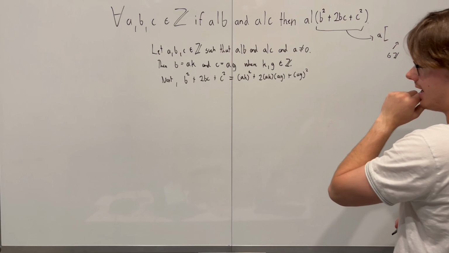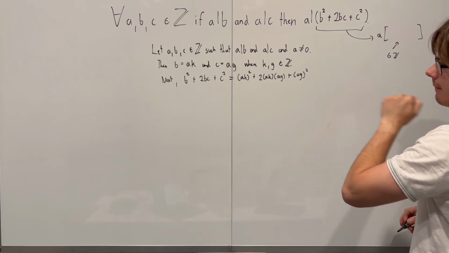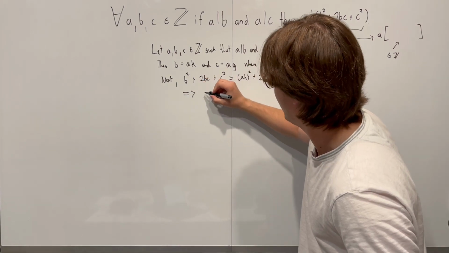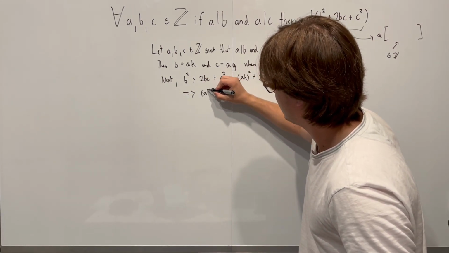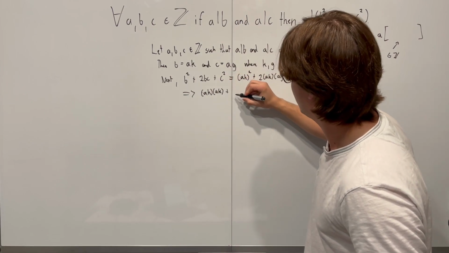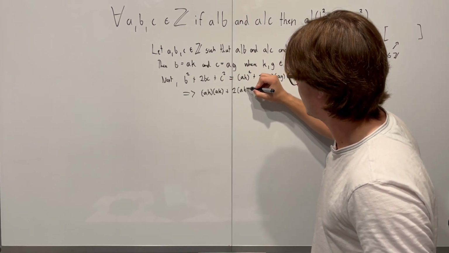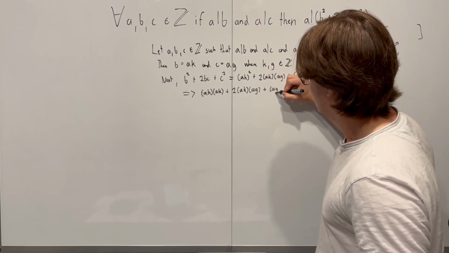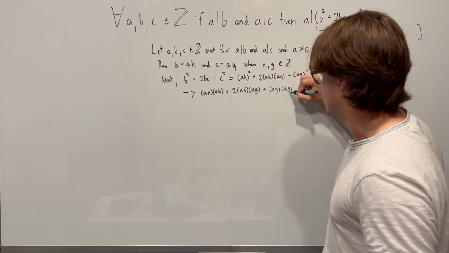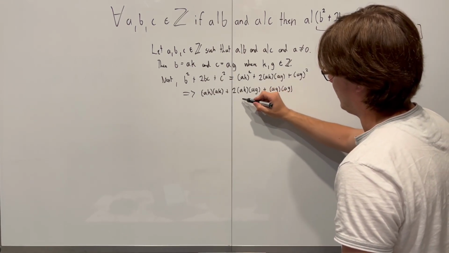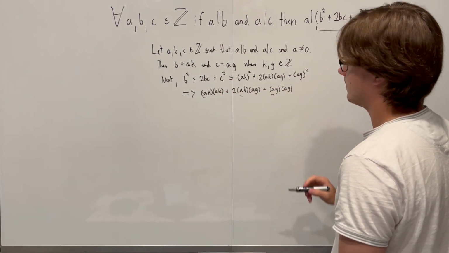Okay. I can factor an a out of this. Can't really factor an a out of this yet, although I probably can if I write both of those brackets. So I'm thinking if I just simply write ak multiplied by ak plus 2 times ak multiplied by ag plus ag multiplied by ag, right? And then here you can obviously factor out an a out of each of these.